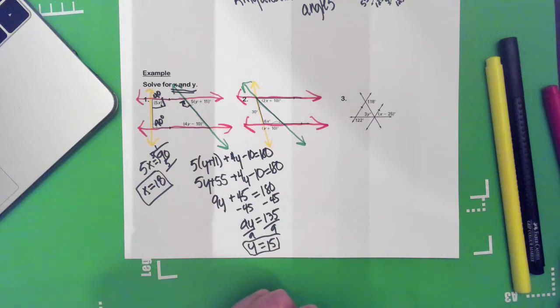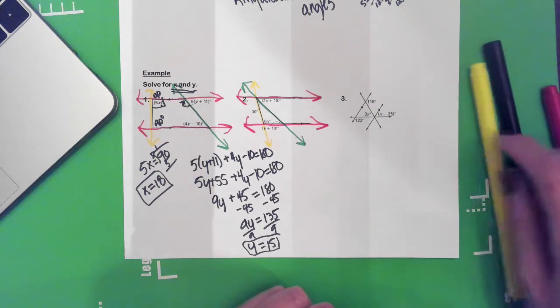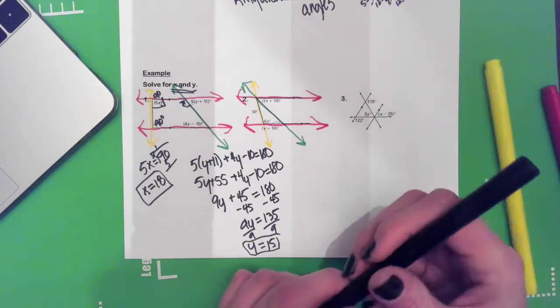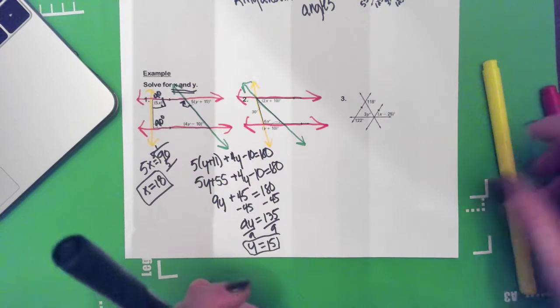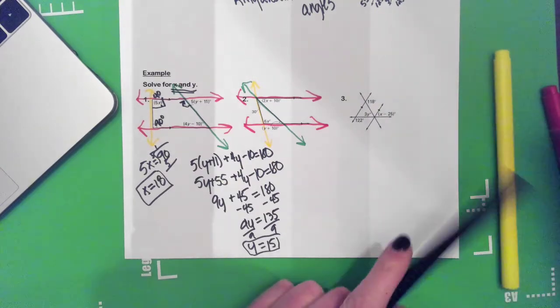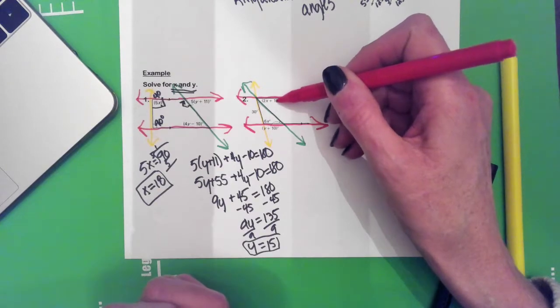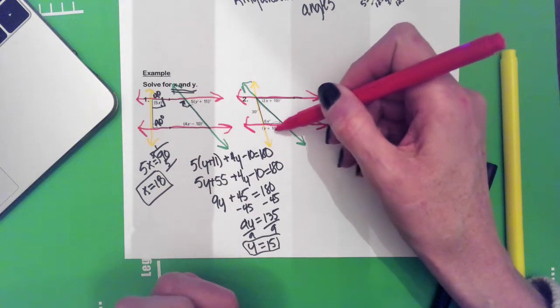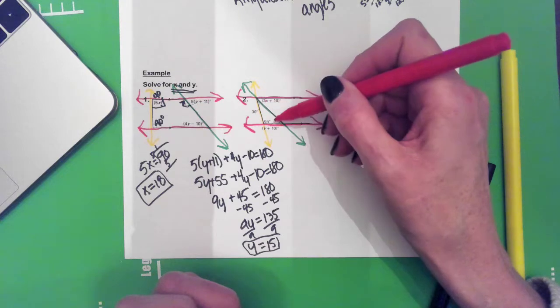All right, so the first thing I want to do is kind of fill in what I know for sure. And so if I look at my first green transversal, I'm doing my red one here, in between these two parallel lines, I see that I have a y plus 10 and a 2x plus 10 that are alternate interior angles.